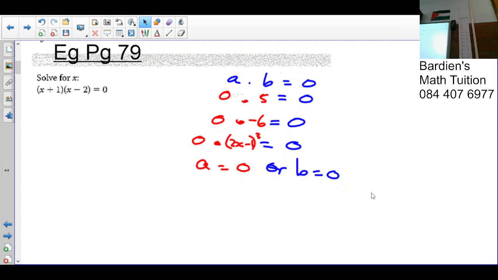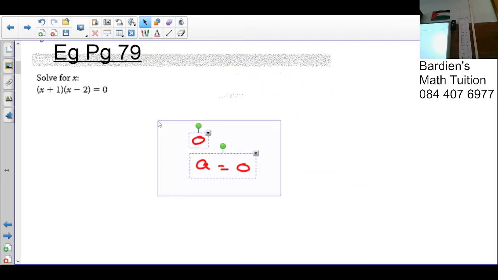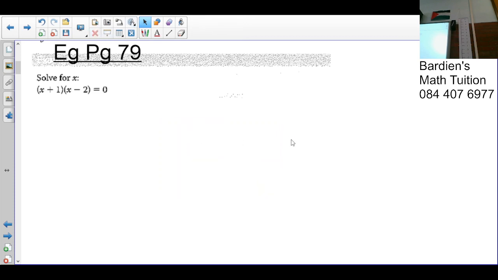So in the examples on page 79 we're going to do, if we have x plus 1 times x minus 2, you all agree that the sum is already factorized. It's already in factor form. Not so? So, what can we say here?